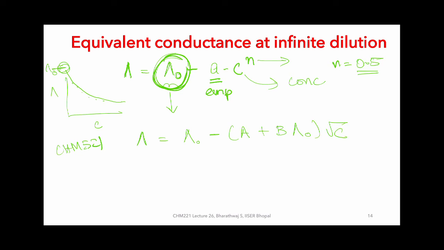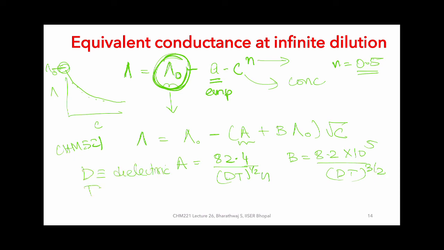In this case, the empirical constant A is given by something like 82.4 divided by (DT)^(1/2) times eta, and B is equal to 8.2 times 10^5 divided by (DT)^(3/2), where D is the dielectric constant, T is absolute temperature, and eta is the viscosity.